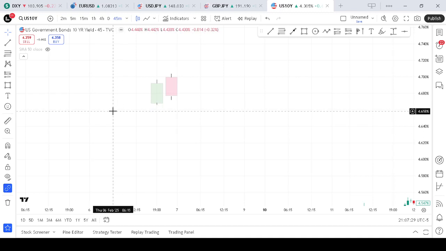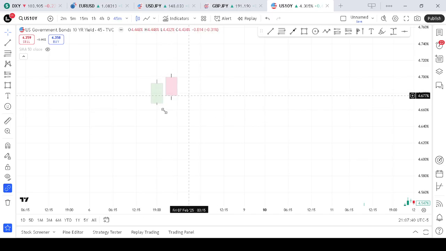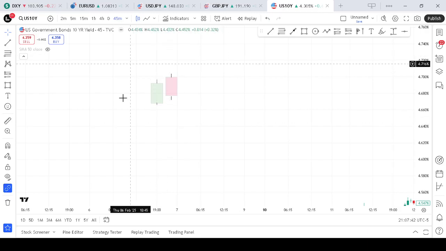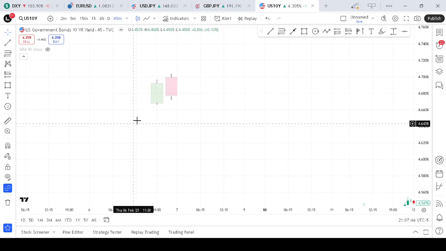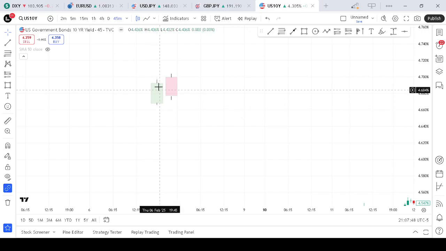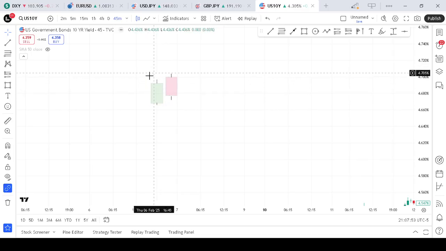Now, what is this bearish counter attack? This bearish counter attack pattern emerges during an uptrend and consists of two distinct candlesticks that signal a potential reversal in market direction. The first candle displays strong bullish momentum, characterized by a long green candle body.